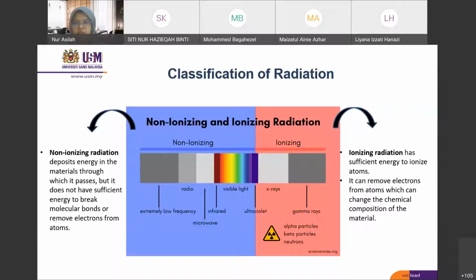Ionizing radiation, on the other hand, has sufficient energy to ionize atoms, which means it can remove electrons from atoms, which can change the chemical composition of the material, which can damage the DNA. So, tonight, my group will focus on this ionizing radiation.